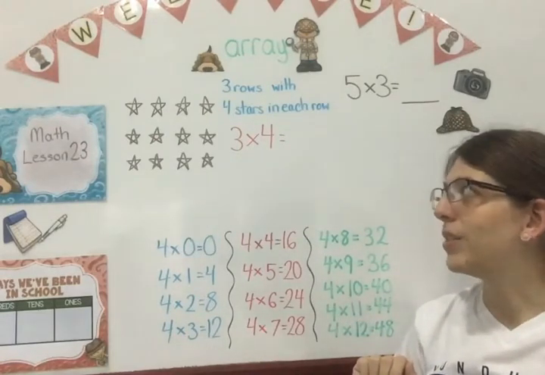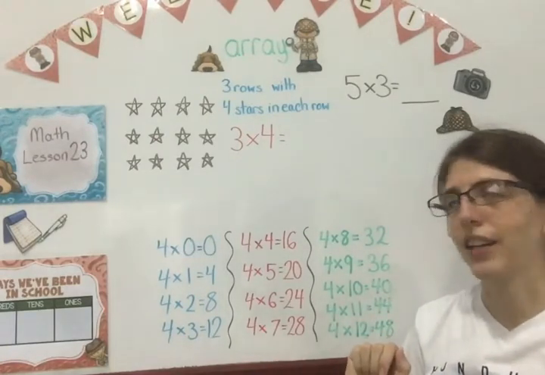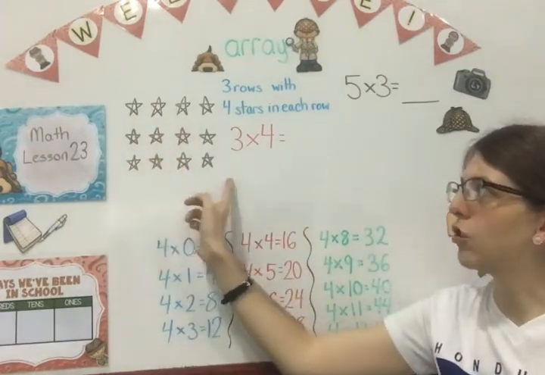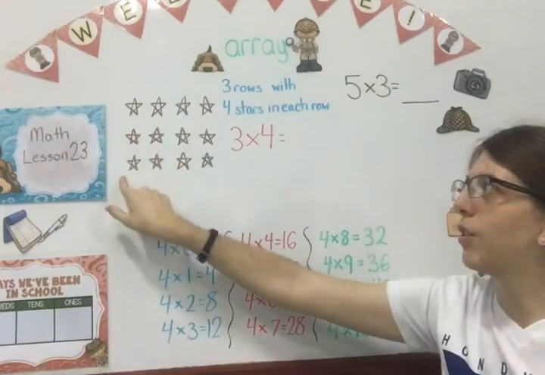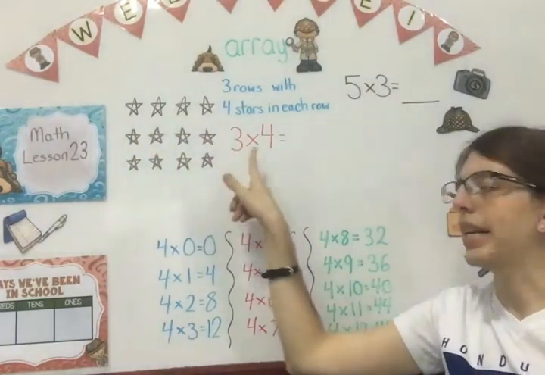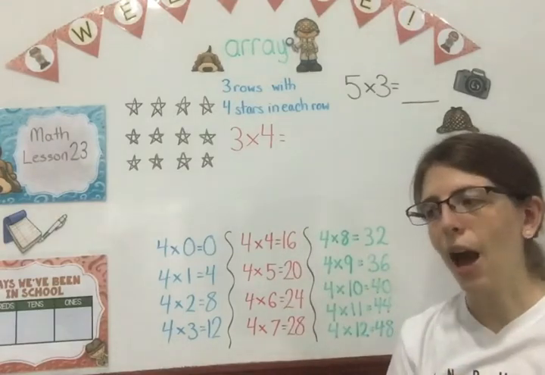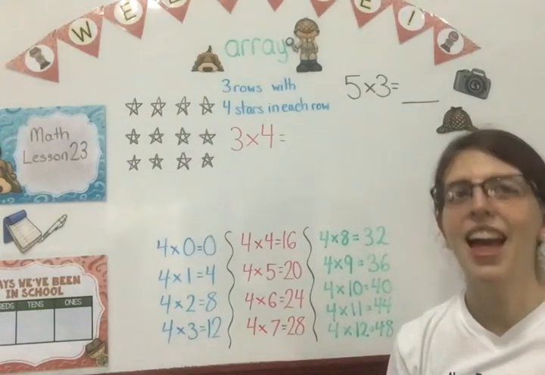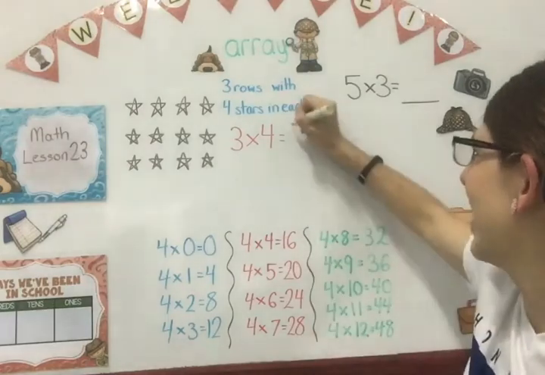So I can use this to show a multiplication fact. 3 groups with 4 in each group. So 3 times 4. How much is 3 times 4? 12. Very good.